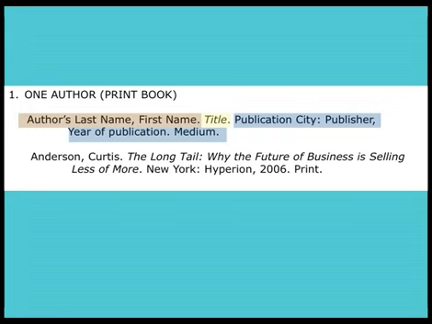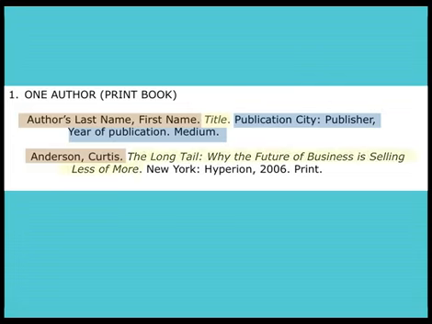So in this example here, where do you think the author's name is? Take a moment to see if you can identify that. So Anderson, comma, Curtis, period. That's the author's full name. Then you'd be looking for the title. In this example, can you identify what area you would highlight as yellow as the title?